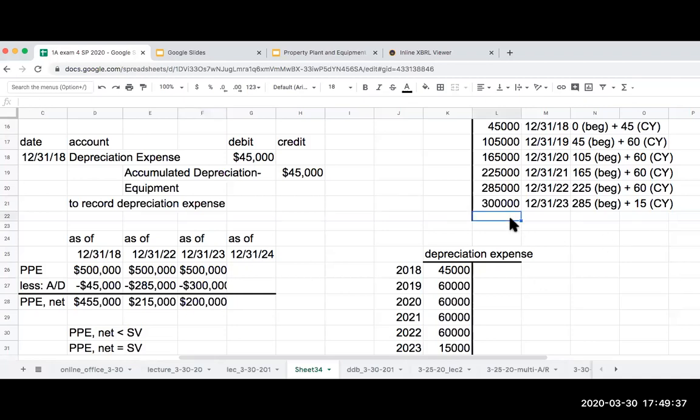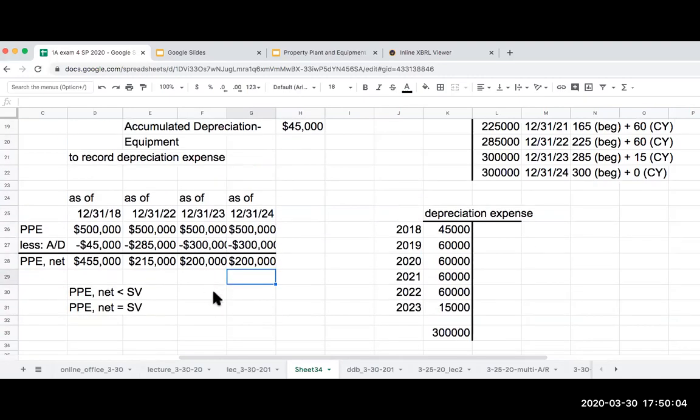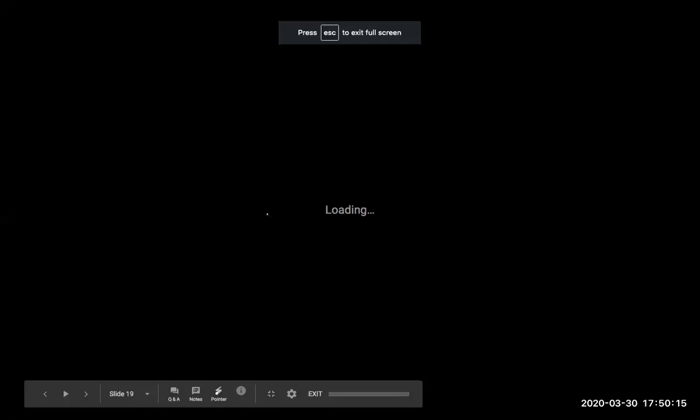Even if we are continuing to use the asset on 12/31/24, I'm going to have $300,000 beginning, but I will take no depreciation in the current year, because I would go below salvage value. So this will be sitting on my books indefinitely at $200,000 until I decide to sell it. This is kind of an extreme example, but I think it's a good example just to go through and look at.